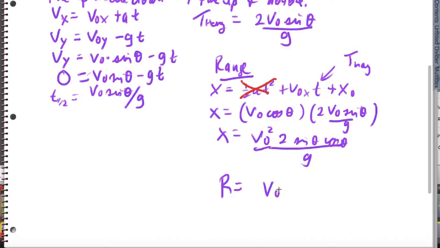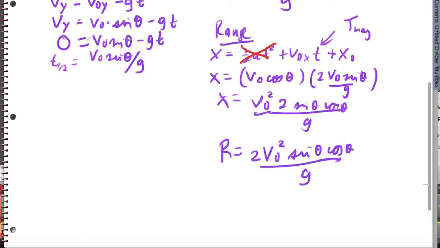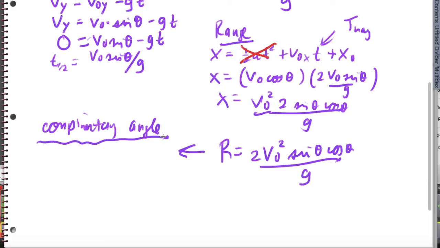I'm going to write 2 v0 squared sine theta cosine theta divided by g is the range. Now check this out. For the complementary angle, we go from theta and we plug in 90 minus theta for the complement. Well, look what happens for the complement range.